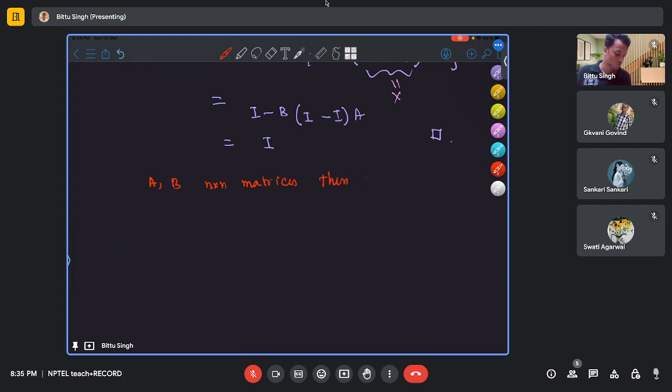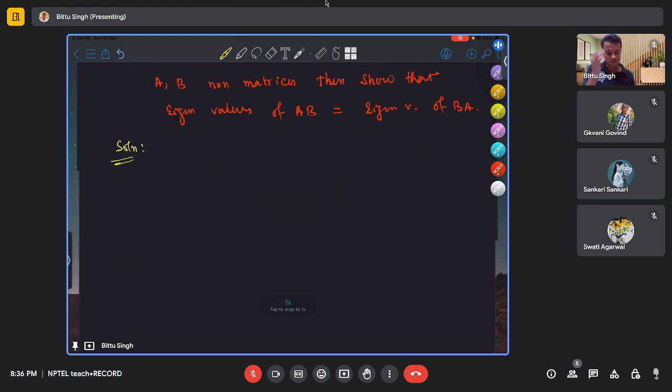Then show that eigenvalues of AB are the same as eigenvalues of BA. We need to show this. So what is the way? Let us check this.